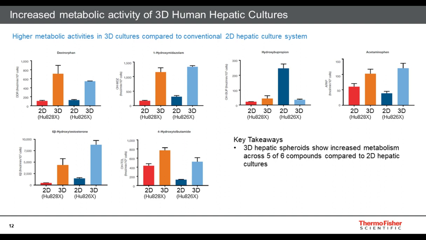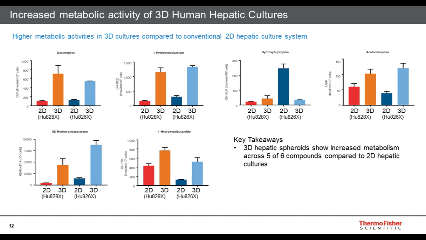And you can see, it's maybe a little bit hard to see the compounds. They're at the top of each graph. What we find across the board, with 5 of the 6 compounds that we looked at, were increased metabolic activity with the 3D cultures relative to their 2D counterparts.